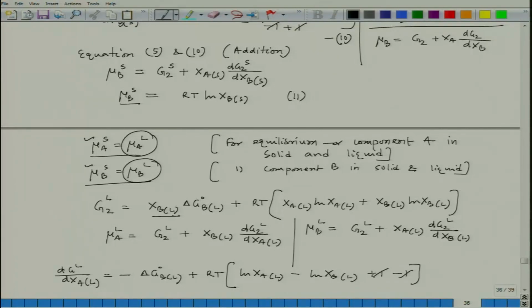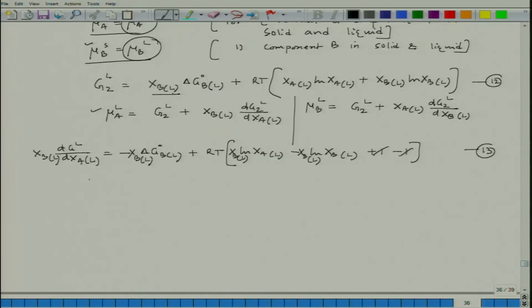This is coming because of derivative of logarithmic term, and as well as there is a multiplication factor which is XBL. So, if I multiply this one with XBL the way we have done it here, that means in the liquid phase. So, this equation, let us say I term it as 12 and this is 13.